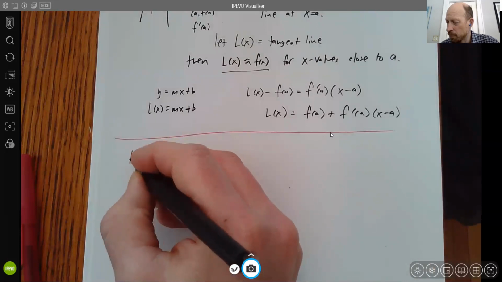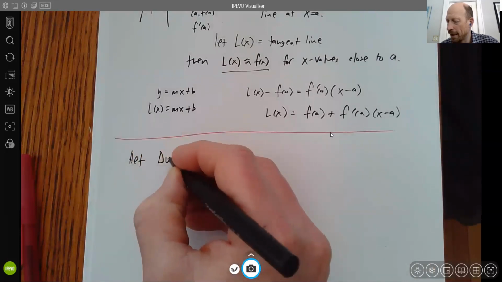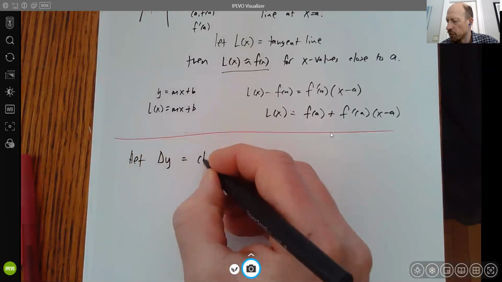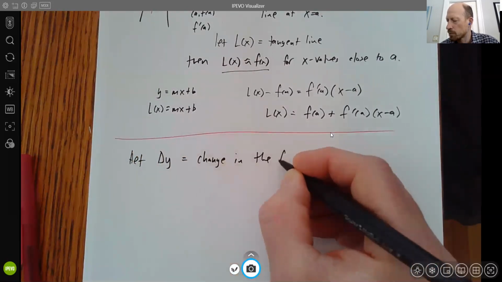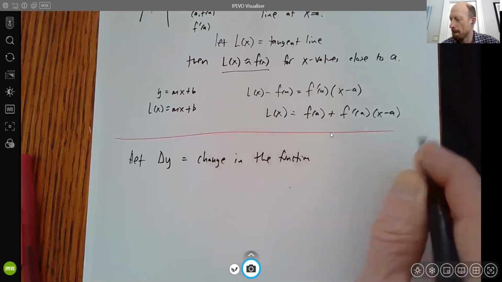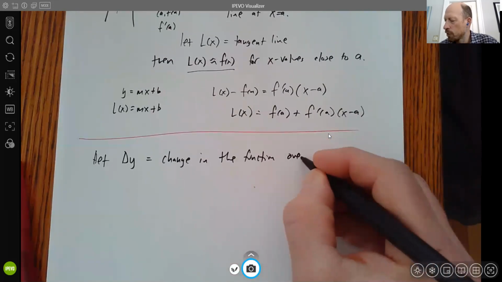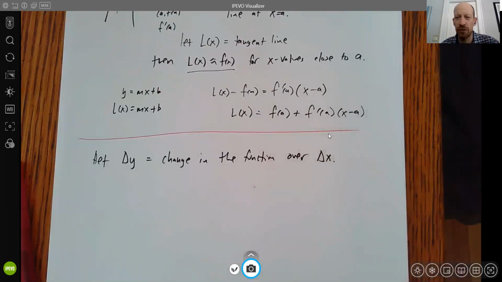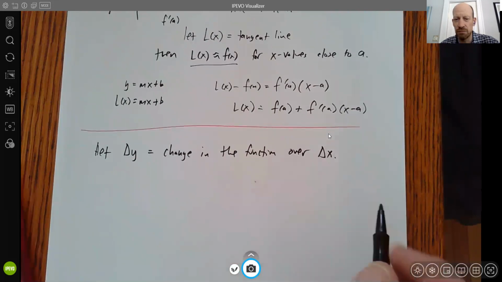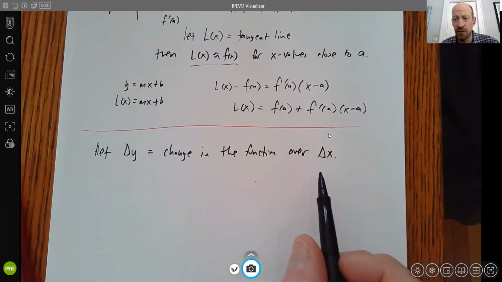So let delta y equal the change in the function over some x interval called delta x, right? Delta means change, in physics, I guess, and so we use that notation here.